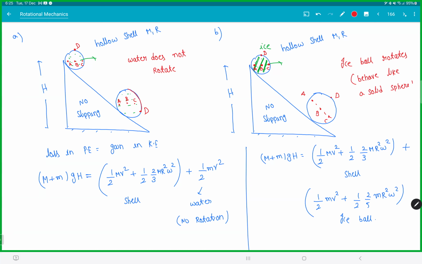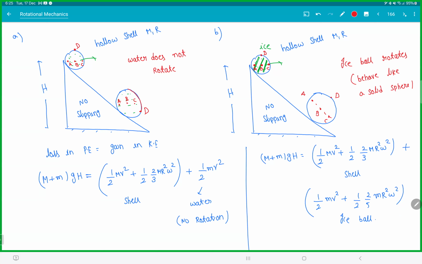So can you tell me then who will come faster? Water or the ice ball? Water, no? Because some of the energy is used to rotate the ice ball. Are the steps clear, everyone? If you remember, I explained to you in the beginning of Centre of Mass what is translation and what is rotation.